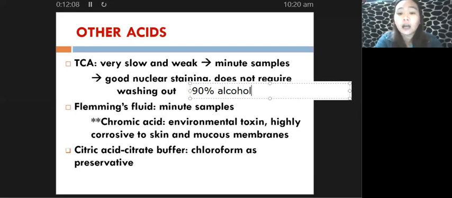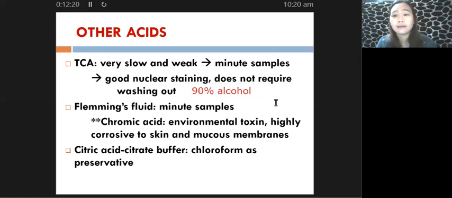So in particular, we make use of several changes of 90% alcohol. Okay. So again, just like what I have mentioned previously, if a reagent does not require washing out, this is because the washing solution that is utilized to remove it is the same reagent that you're going to use in the succeeding step.